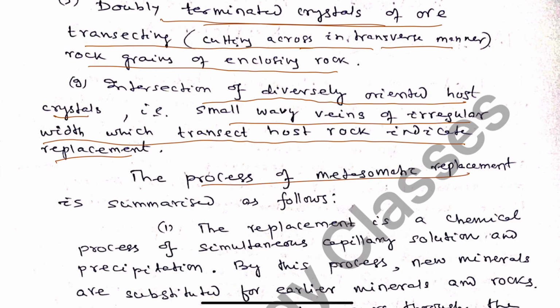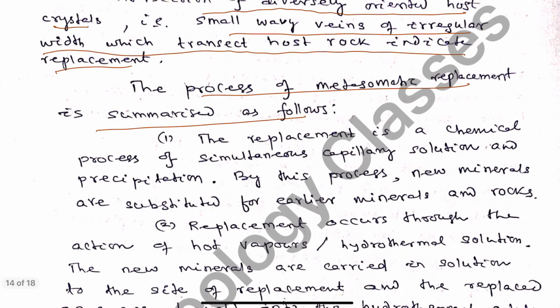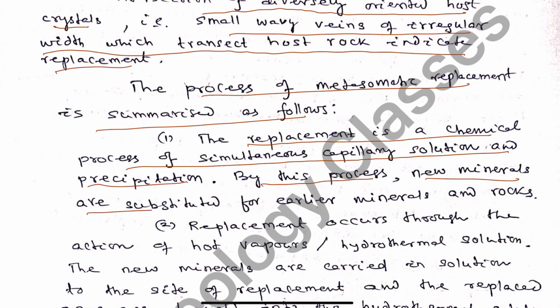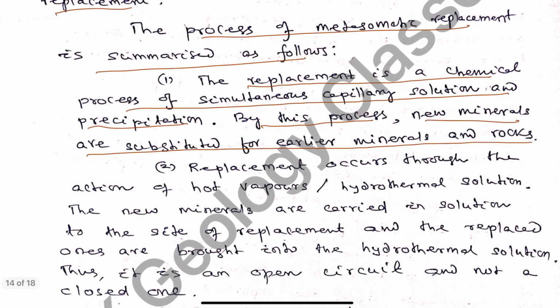The process of metasomatic replacement can be summarized as the following. The replacement is a chemical process of simultaneous capillary solution and precipitation. By this process, new minerals are substituted for earlier minerals and rocks.